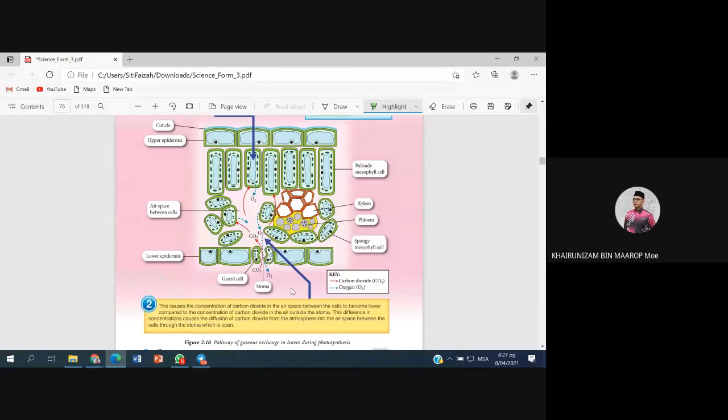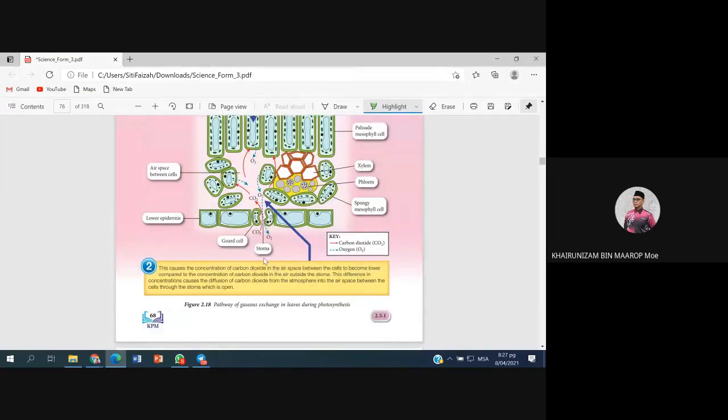Okay, this is the pathway of gas exchange in the leaf.